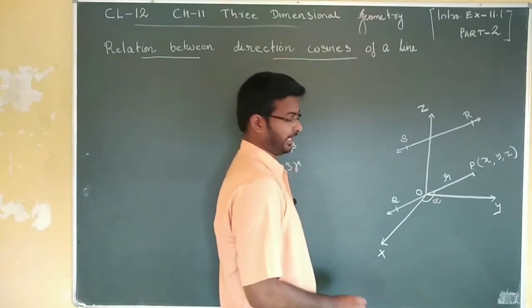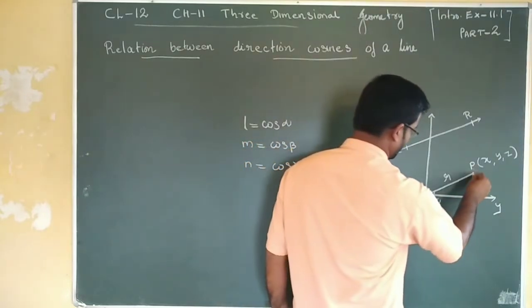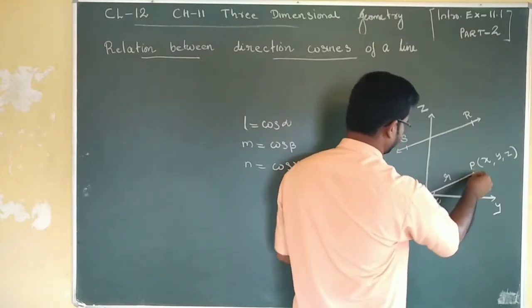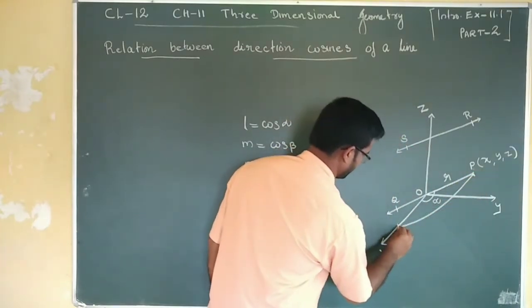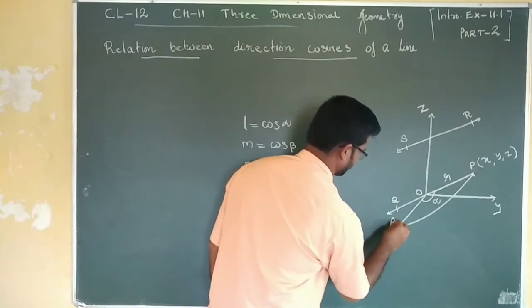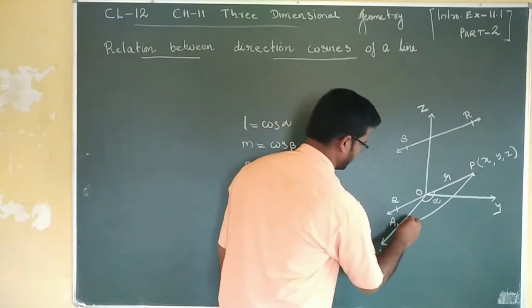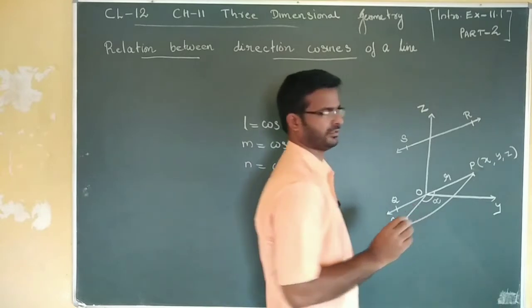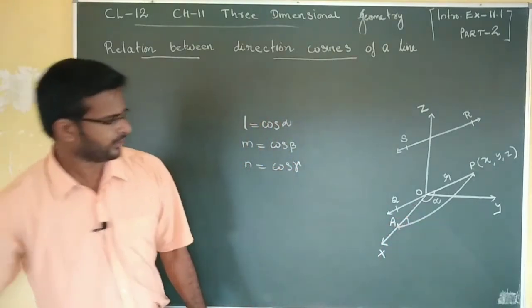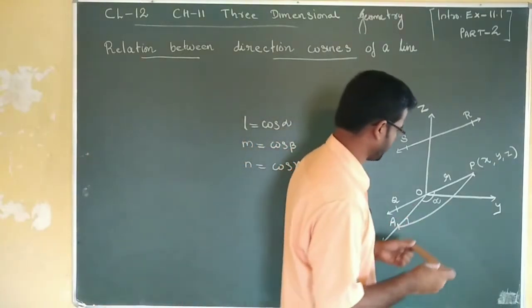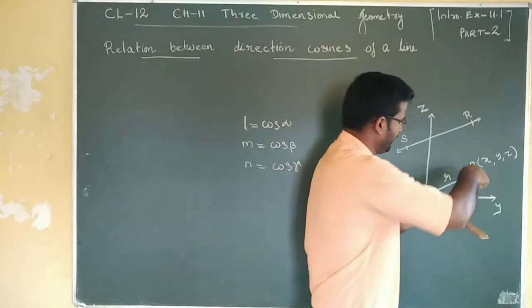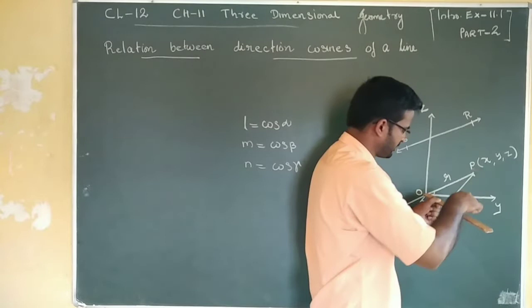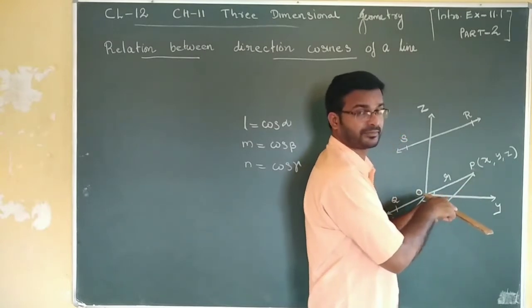We need a right angle triangle, so just join P to the X-axis. This point is A. Here you will get a 90-degree angle. If you look at this figure, you cannot understand it easily. This is our X-axis, coming outward. If you draw a straight line from here, you will get 90 degrees here.